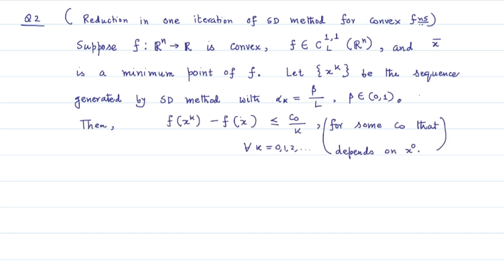Then f(xk) minus f(x bar) is less than or equal to c naught by k for every natural number k, where c naught is a constant that depends on the initial point x naught. And this inequality is really fabulous: at each and every iterate xk you can estimate how far you are from a minimum point of the convex function.